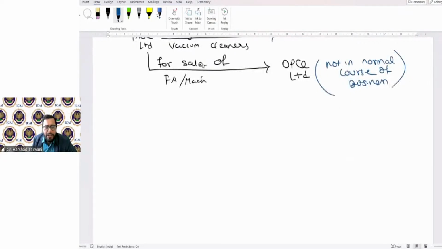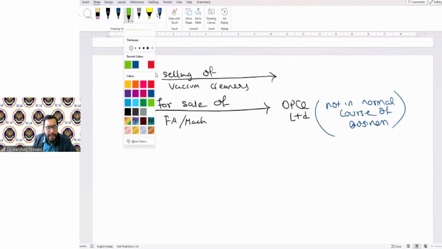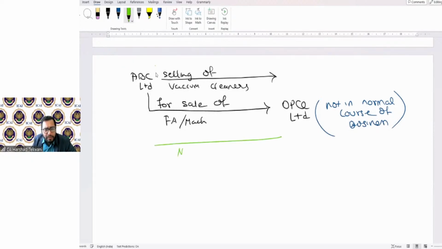Once you identify such a transaction, first you check the nature of the transaction. First, you need to understand what the nature of the transaction is. Second, you need to understand whether this is a related party.